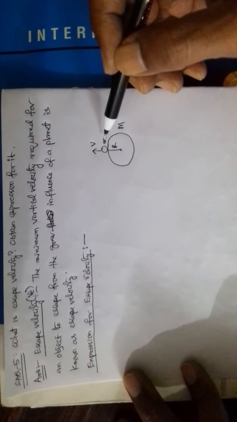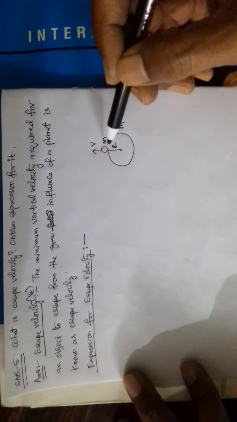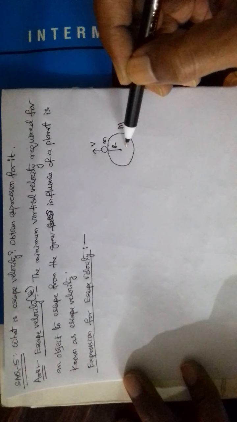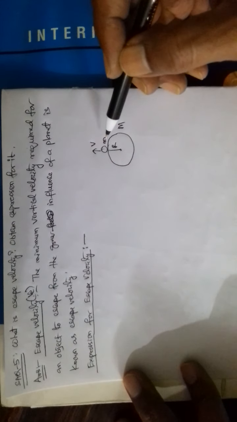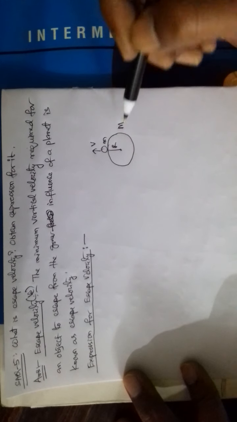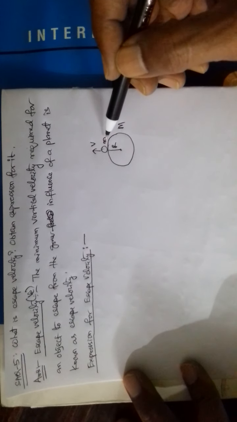Now you see, on the surface of Earth an object of mass m is placed. So this is a two particle system. Now let us find the gravitational potential energy of these two. The Earth's mass is capital M, this object's mass is small m.